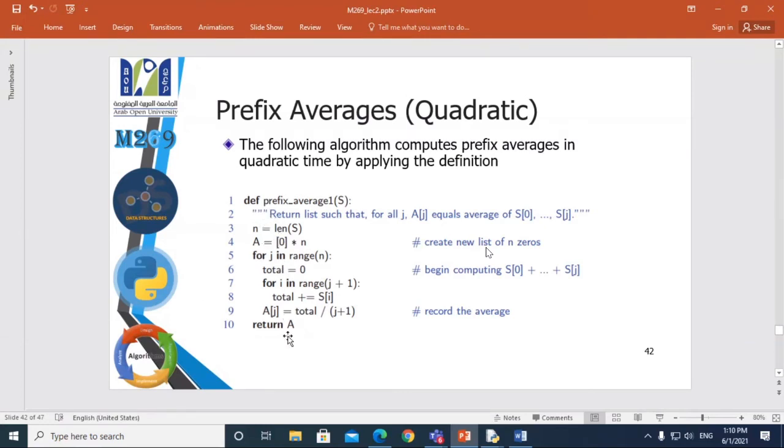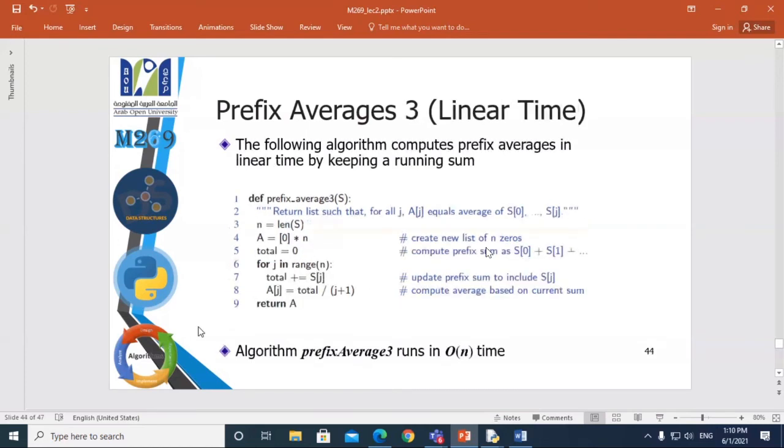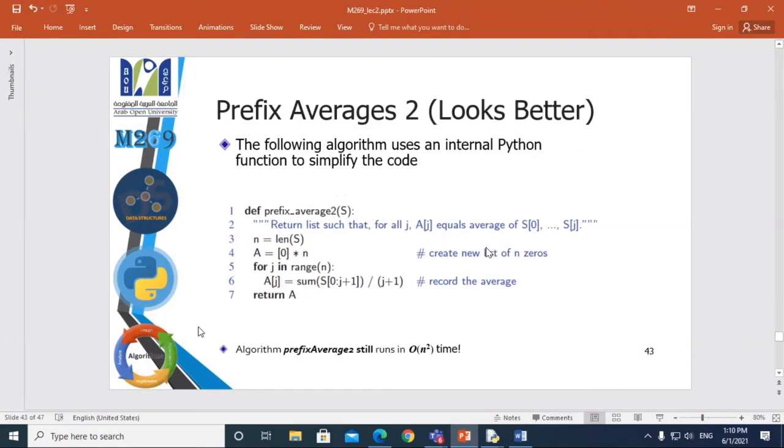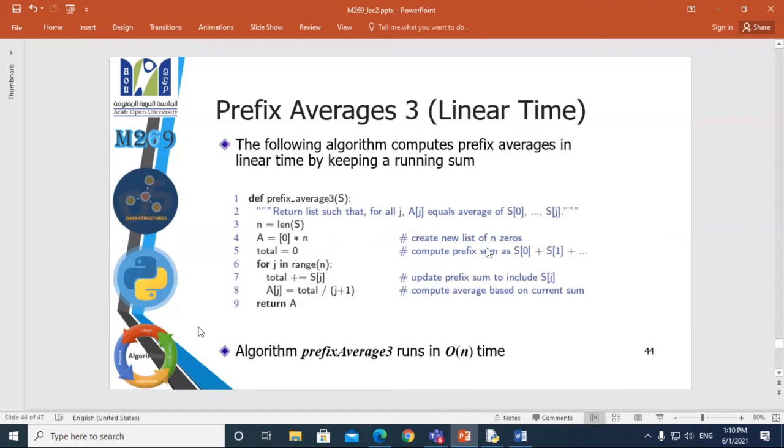Look at that one. We look at the second one. We look at the third one. Okay? I'll give you some time now. Look at the first one. Look at the second one. Look at the third one.